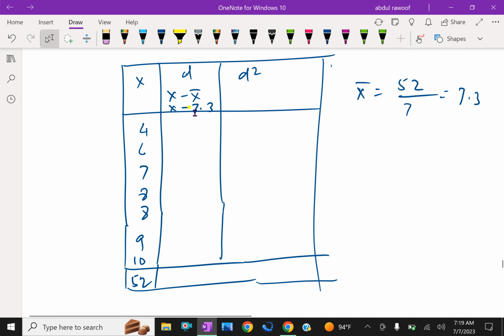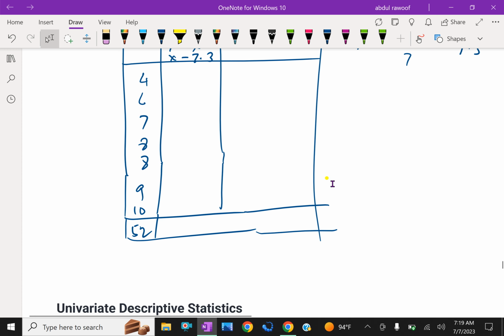So we subtract: 4 minus 7.3, 6 minus 7.3, and so on, which gives minus 3.3, minus 1.3, minus 0.3, 0.7, 0.7, 1.7, 2.7.